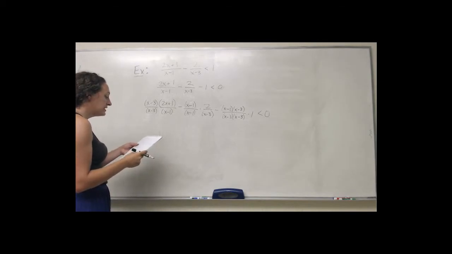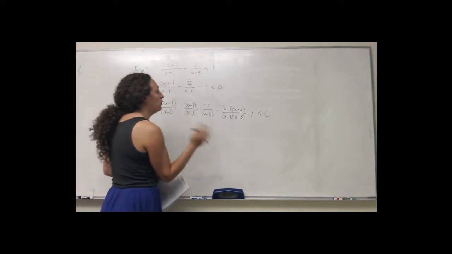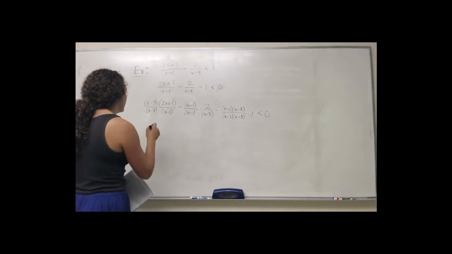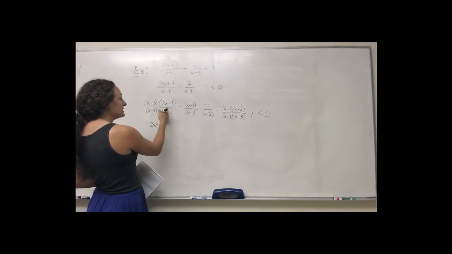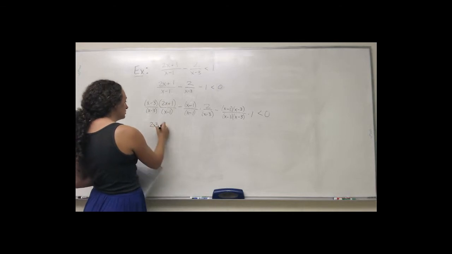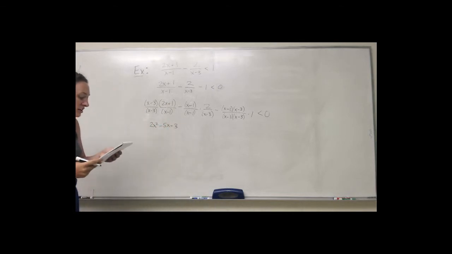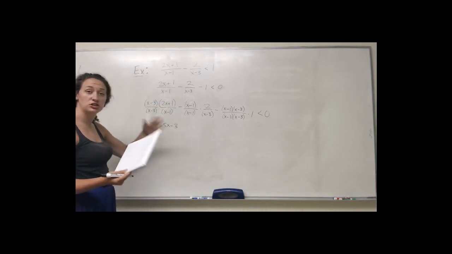Now let's go ahead and simplify. Multiply everything out except for the denominator. You'll see why we don't multiply the denominator out later. If I do this, I get 2x squared minus 6x plus x, so minus 5x minus 3. If you're following along, I encourage you to pause and try multiplying these out yourself and make sure that we get the same thing.